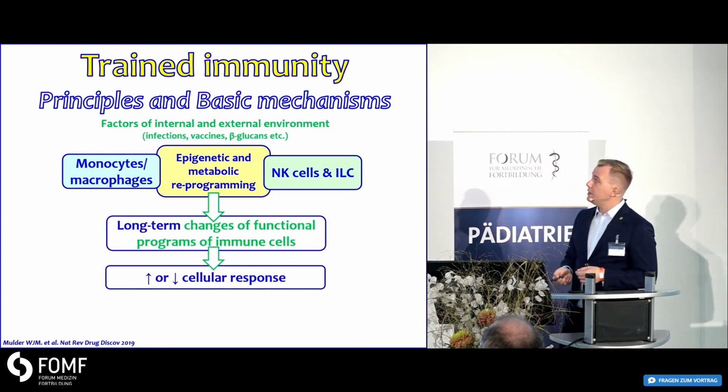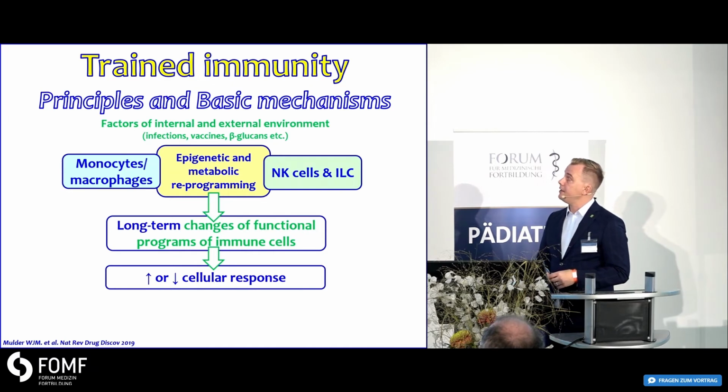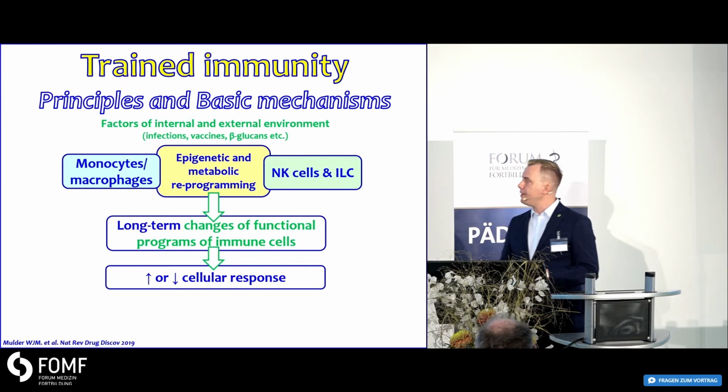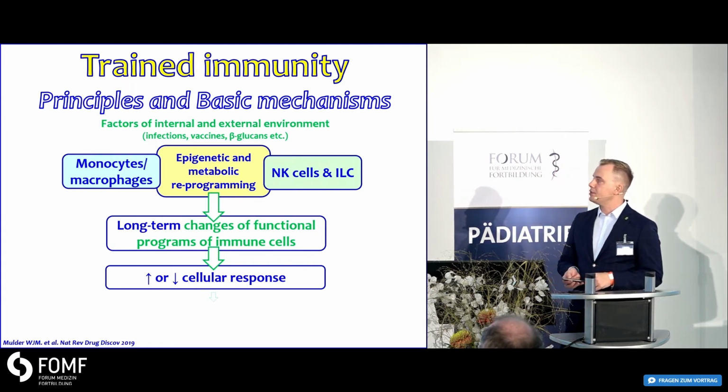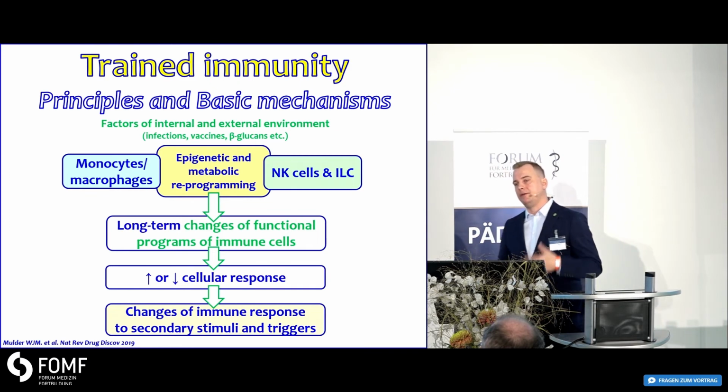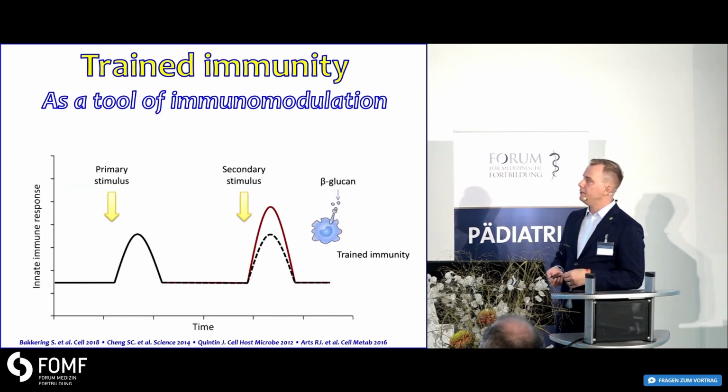So based on impacts from the internal and external environment, you can induce epigenetic and metabolic reprogramming with long-term changes of the functional programs of the cells, and this leads to more effective working in the future.